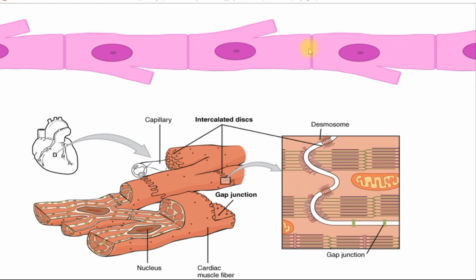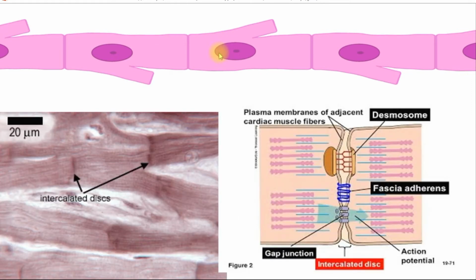There are desmosomes and gap junctions which provide mechanical attachment and communication between neighboring cells. Via gap junctions, electric signals and excitation may pass through the entire row of muscle cells and the entire cardiac muscle. And here we can see intercalated discs between neighboring cardiac myocytes. There are desmosomes and gap junctions, and also adherent junctions are present here. It's an intercalated disc.